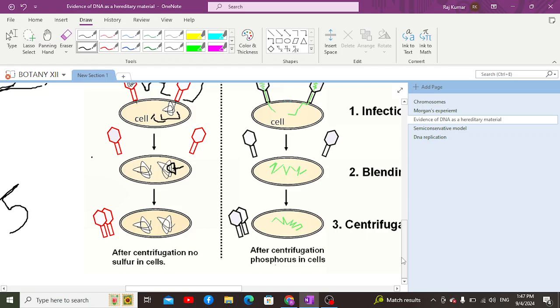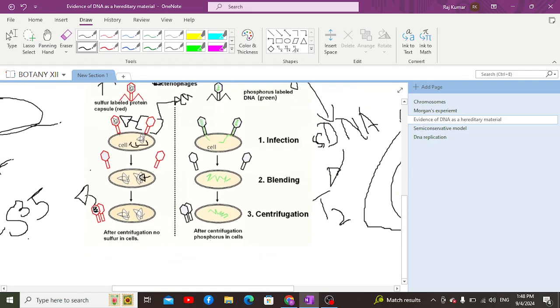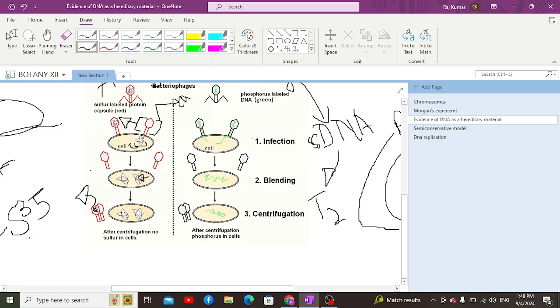Once the structural components of the T2 bacteriophage are formed and assembled together to form a new virion, what they saw was that the bacteriophage being secreted out from the E. coli bacterium had the radioactive phosphorus 32, but did not have the sulfur 35. Of course, they compared both of these.